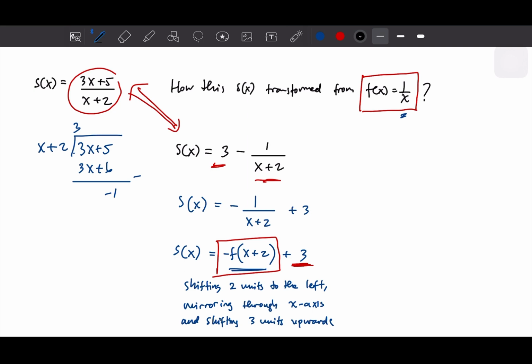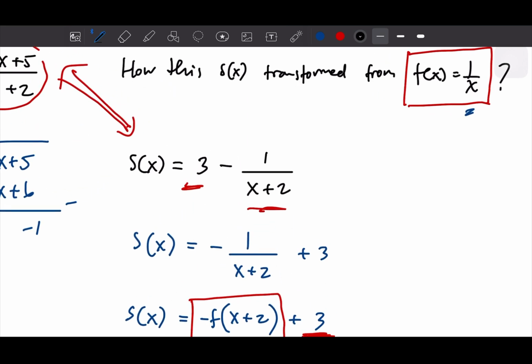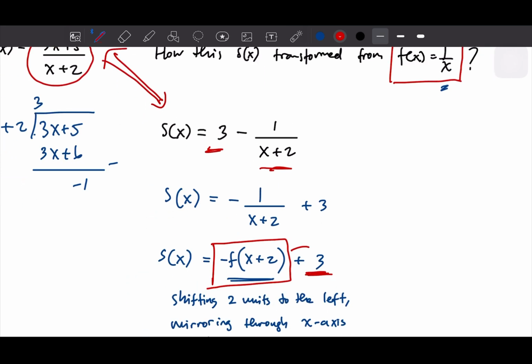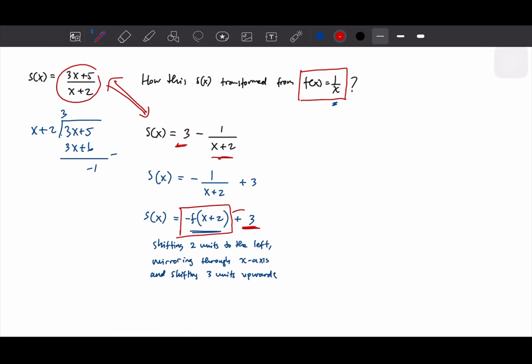And we also see that when this is going to nearby 0, s of x is still 3. So perhaps y equal 3 will be the horizontal asymptote. We could also take some conclusion from that.